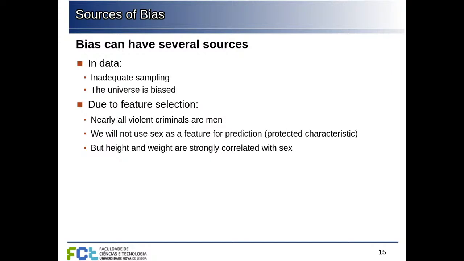And so if we use features like height and weight and so on that are strongly correlated with sex, then once again the model can use those features as proxies for the protected characteristic and give us also unfair results, in the sense that we can have a network, for example, that gives some recommendation to the judge about how long a person must go to jail, and it will give different results if we just change the sex of the person or attributes closely correlated with the sex, because that would be what the network is learning as a shortcut for those recommendations.